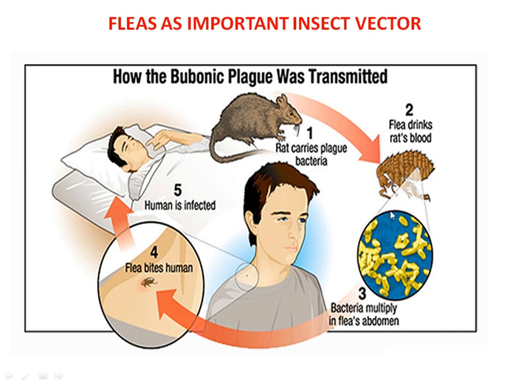Then when this flea bites a susceptible human being, it transmits the Yersinia pestis into the human body, and that causes the bubonic plague. That's how the transmission occurs, and in this way Xenopsylla cheopis, the rat flea, causes bubonic plague in human beings.